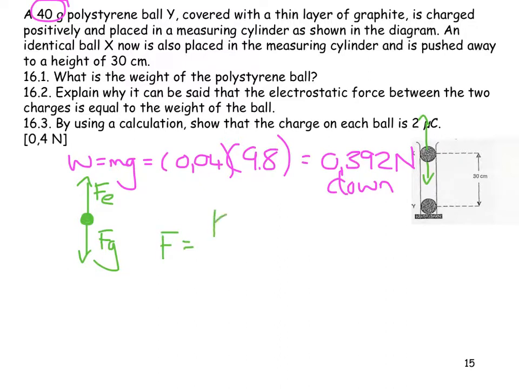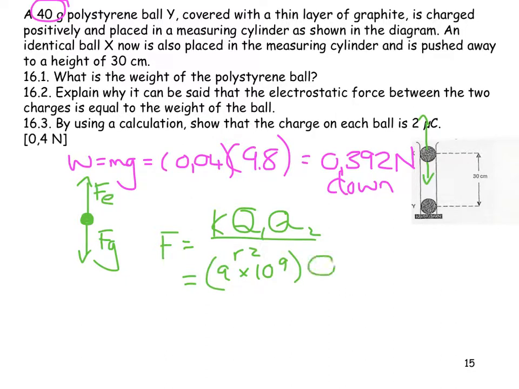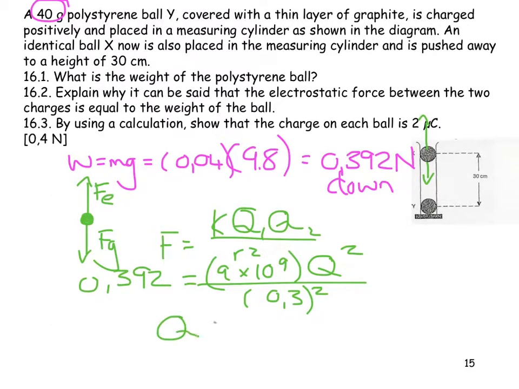F is equal to K Q1 Q2 over R squared, 9 times 10 to the 9. I don't know the charges, but they're identical, so I can square that charge. I do know the distance between them. It's 30 centimeters, so it's 0,3. I divide by 100, and I square it. And I do know the force, 0,392. And my charge turns out to be 1,98 times 10 to the negative 6 coulombs, which really is basically 2 microcoulombs.